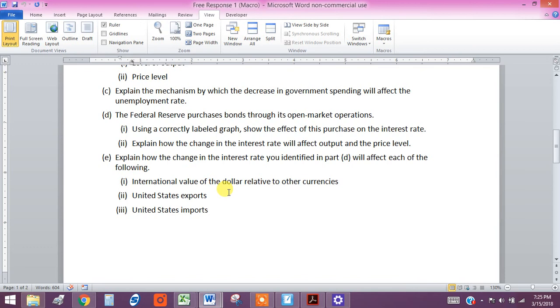So, relative to the rest of the world, when our dollar gets less expensive, or you can also say devalues or depreciates relative to foreign currencies, we're going to export more because our dollars are easier to buy, which means our goods are cheaper to buy, and we'll import less, because our dollars can now buy less because they're of less value.